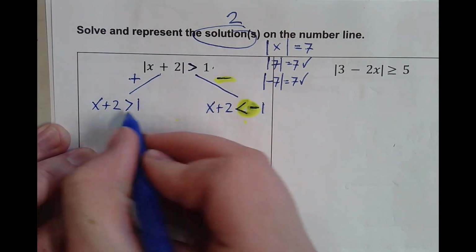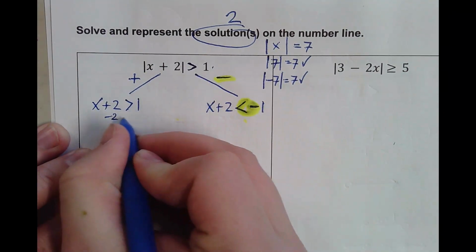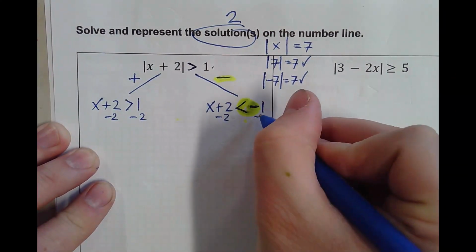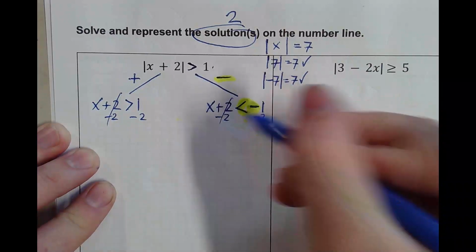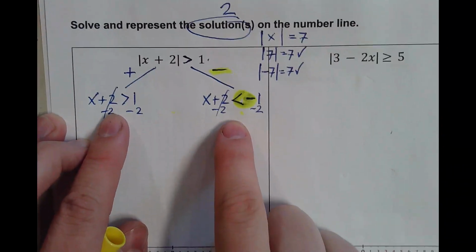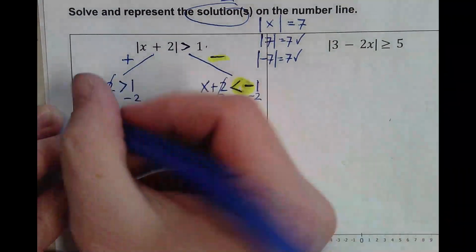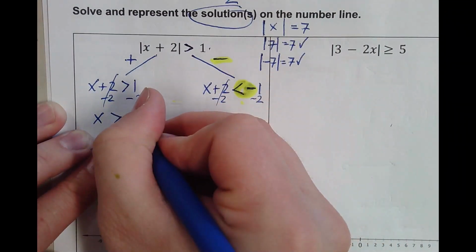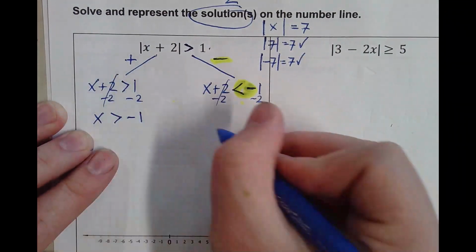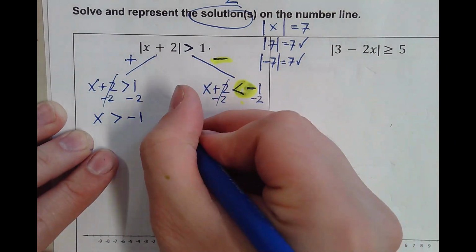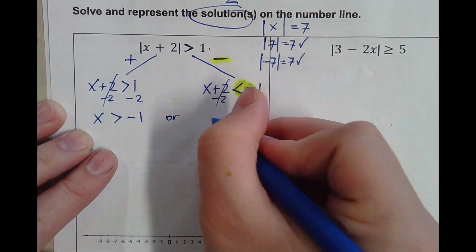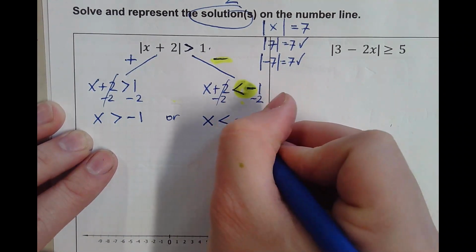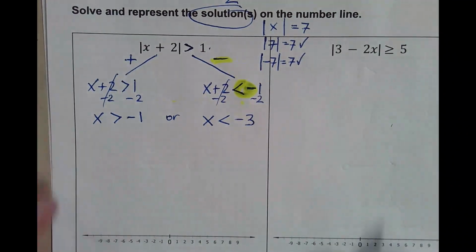So let's solve for the boundary points. Let's just show the work for both at the same time, since they're typically the same steps. If I subtract 2 from both sides, I'll get x is greater than -1, or x is less than -3.